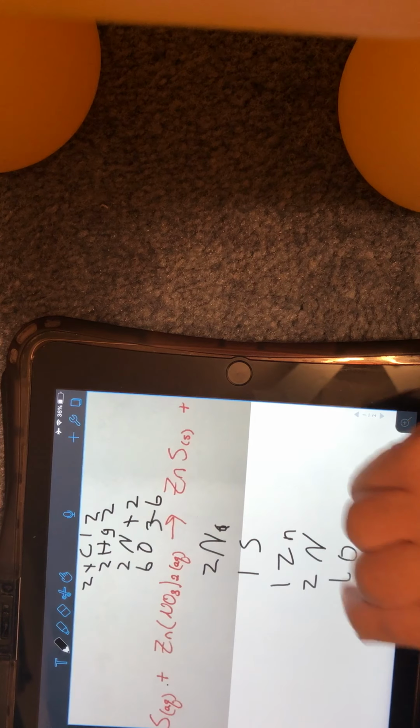So now Na we have 2, S we have 1, Zn we have 1, and we have 2 N's because it's in parentheses. Oh, we have 6 O's, just like the last problem.